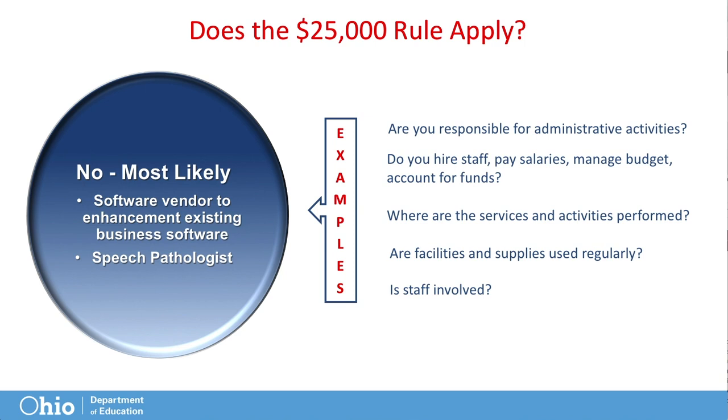Consequently, your entity is responsible for administrative costs, and your efforts are more than issuing payments to a vendor. As a result, the vendor's full contract amount is not distorting, and the full amount will remain part of the direct base. For example, see Appendix E, titled the $25,000 Rule, in the Indirect Cost Rate Proposal Instructions.